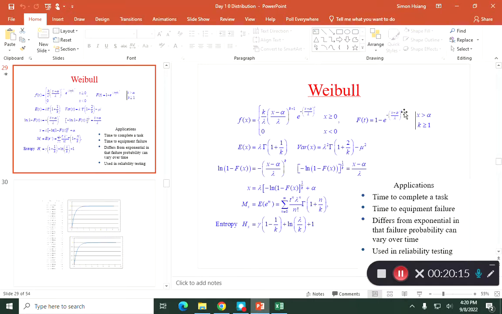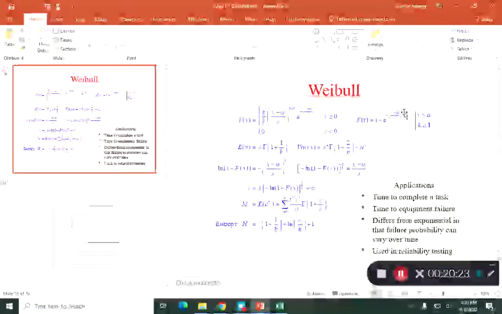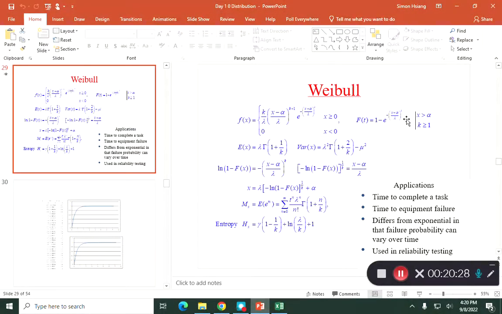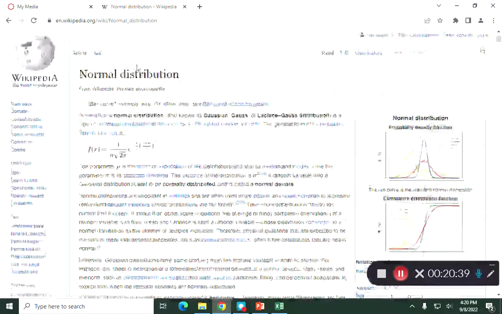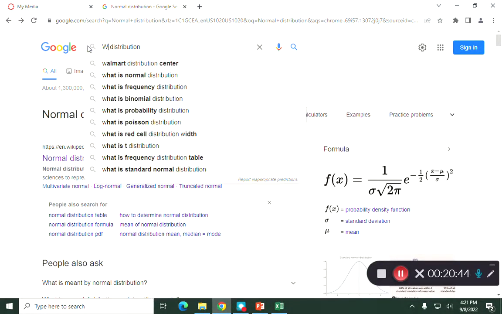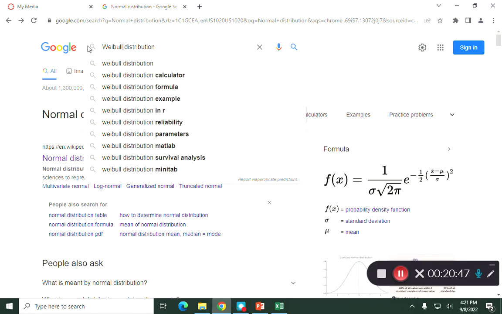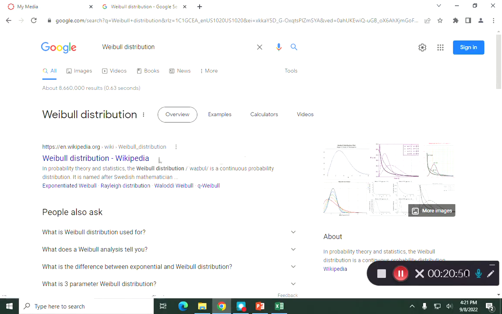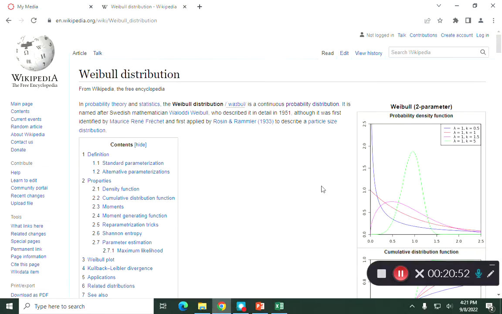Usually the k power, they call it the shape parameter. So if k is greater than 1, that means this power grows faster and faster. And if it's less than 1, it goes slower and slower. So the entire Weibull distribution is just a bunch of strange-looking curves. So just go to Wikipedia and look at it, okay?